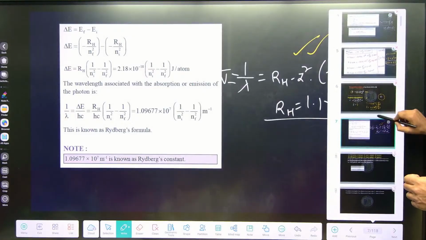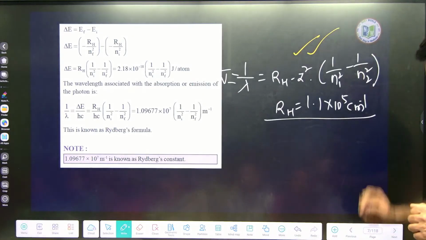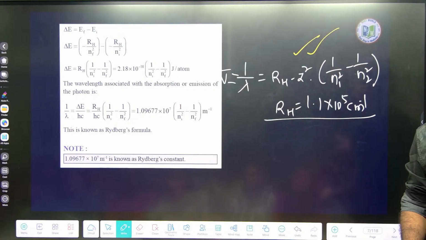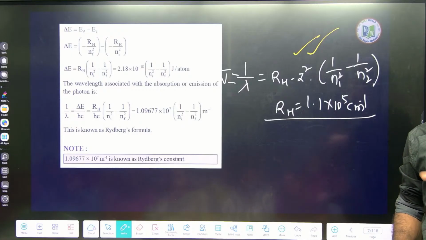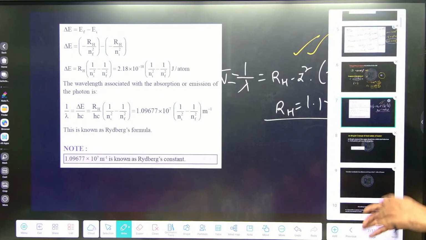Done up to here? Now the next one, the number of spectral lines formula. What is that formula? (n2 minus n1) into (n2 minus n1 plus 1) by 2. That's it. It's all about these spectral lines.